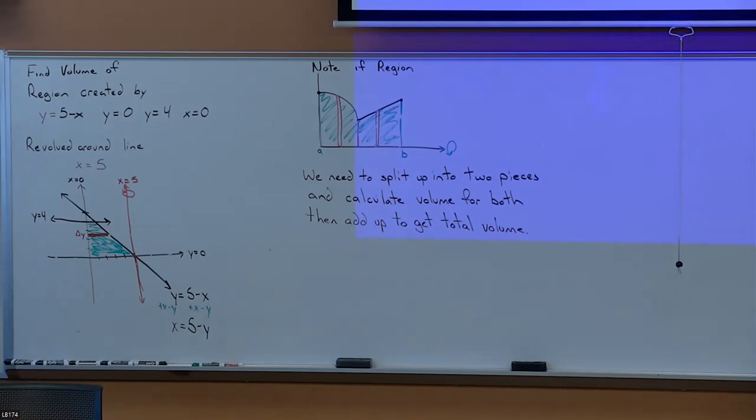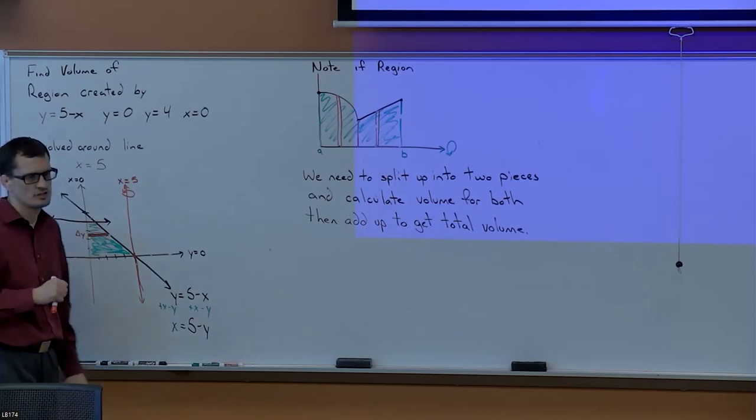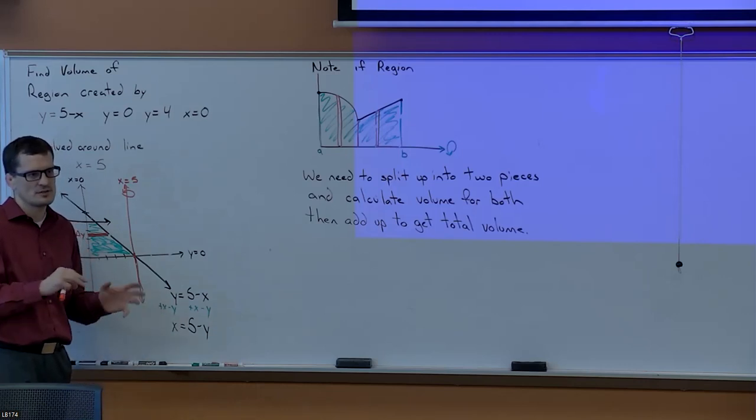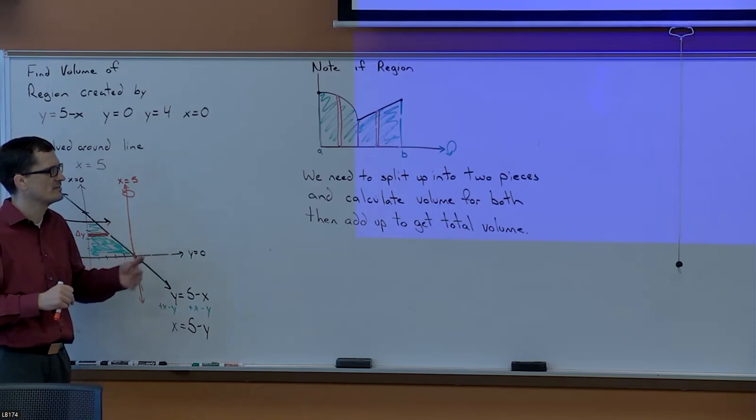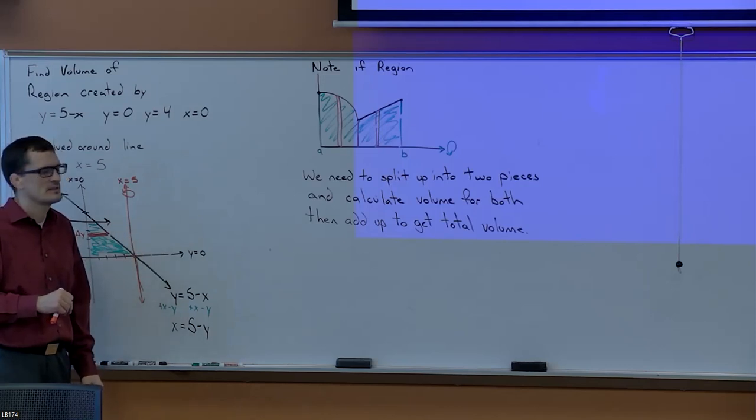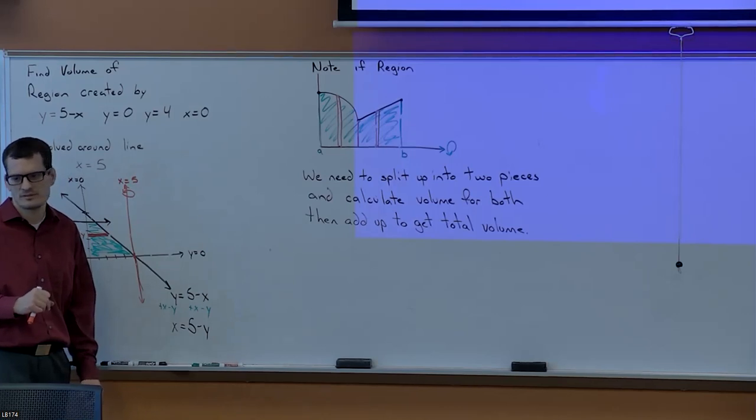So that might happen, that if our region is not a nice solid chunk, it looks like a few different things put together, then I might have to calculate a few different values and then add them all up.